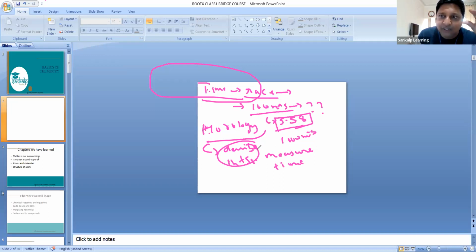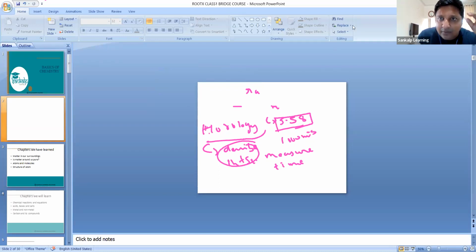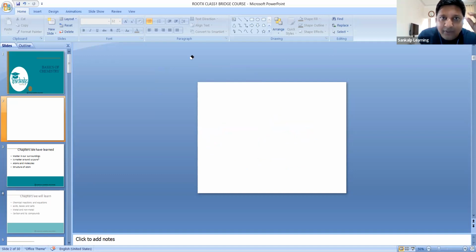In this horology, we come across a few devices. The first device we are using is a sundial. One by one we will discuss.